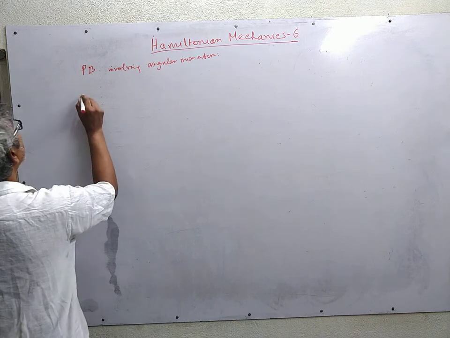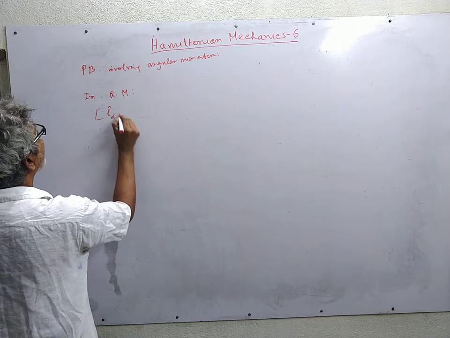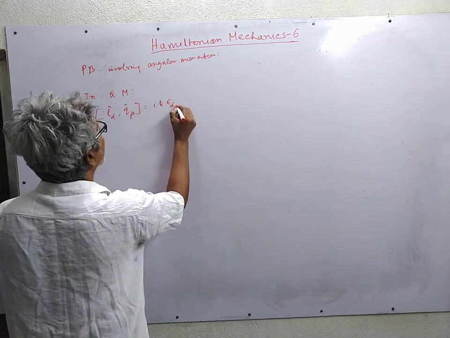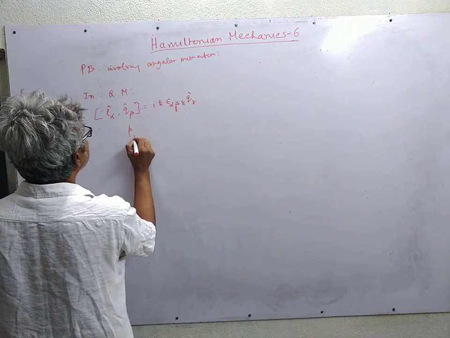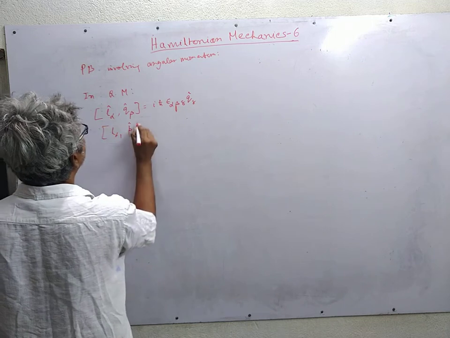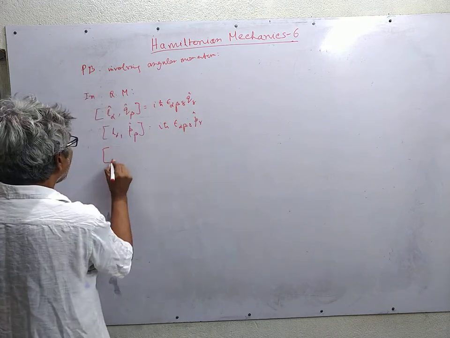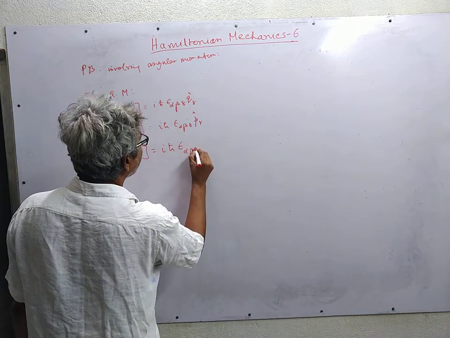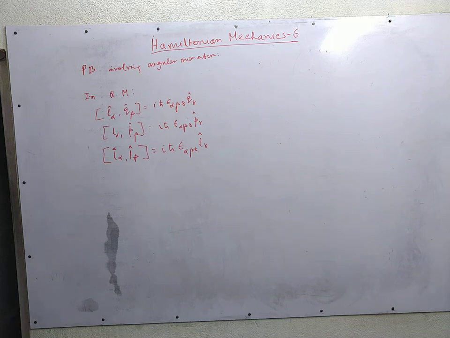Before that, recall in quantum mechanics, we found that [L_α, Q_β] is equal to iħ ε_αβγ Q_γ. Then for P, [L_α, P_β] is equal to iħ ε_αβγ P_γ, and finally we had [L_α, L_β] is equal to iħ ε_αβγ L_γ. These quantum relations we have derived in our earlier classes on quantum mechanics.